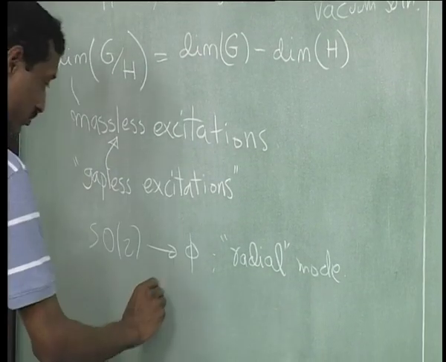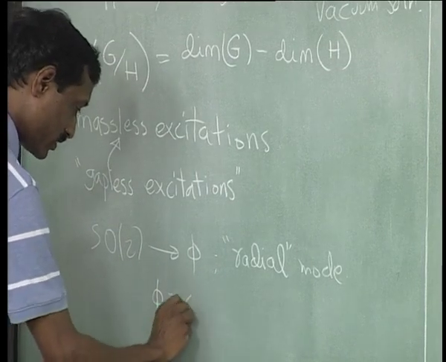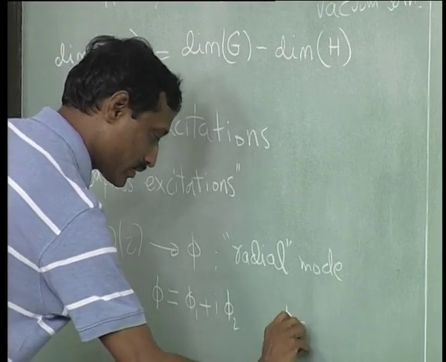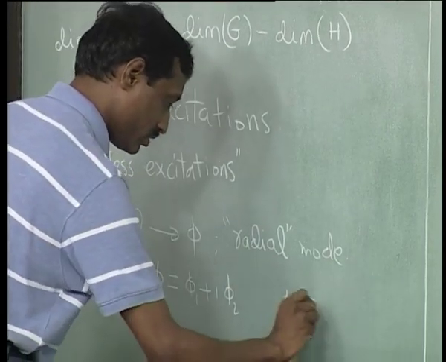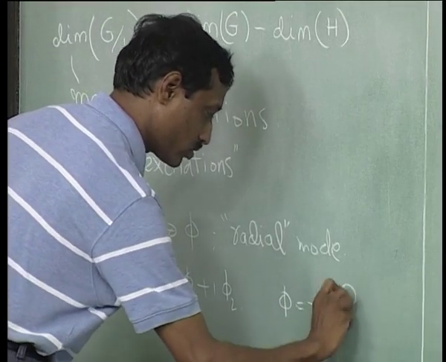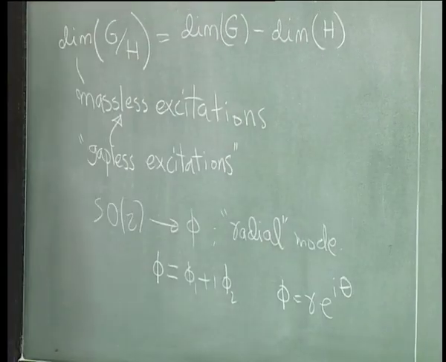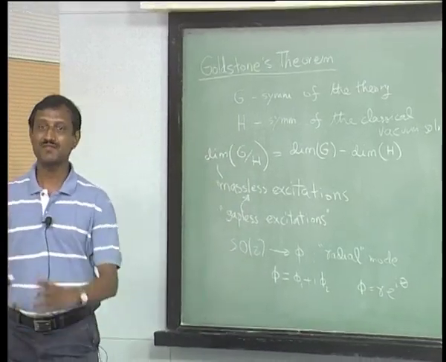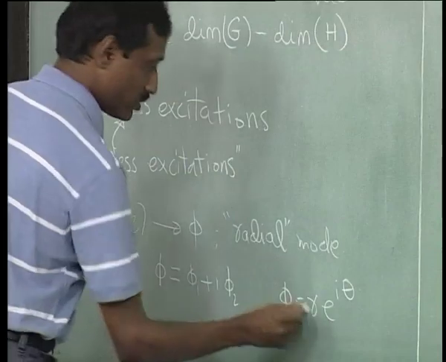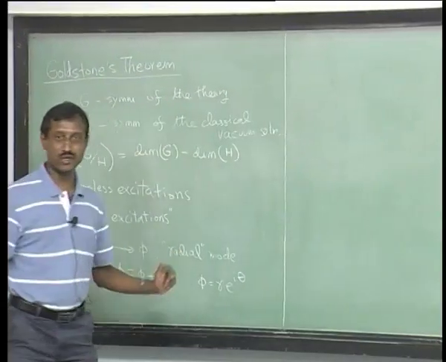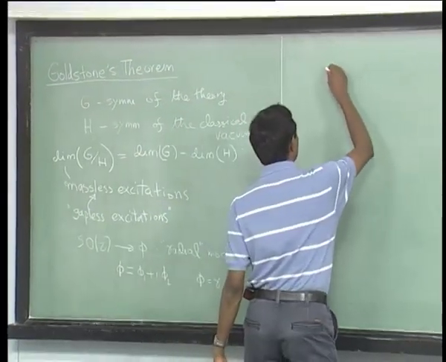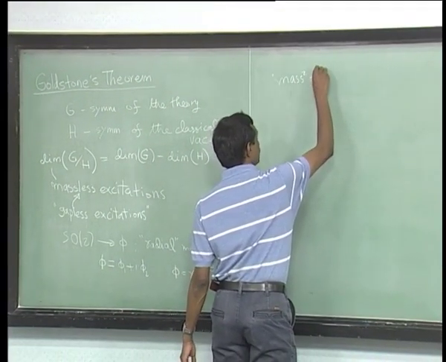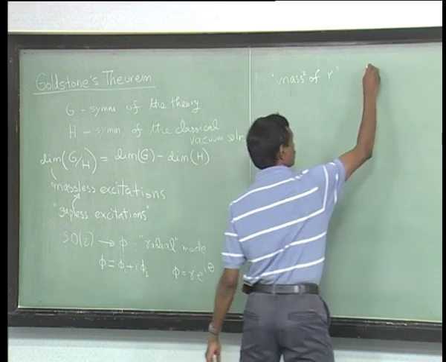I can define a complex scalar field phi, which is just phi 1 plus i phi 2, and then I can write phi in polar coordinates as r e^{iθ}, and r is the direction which would be the massive direction. If you go back and plug into those equations, you would see the mass square of the r field was what we got last time.